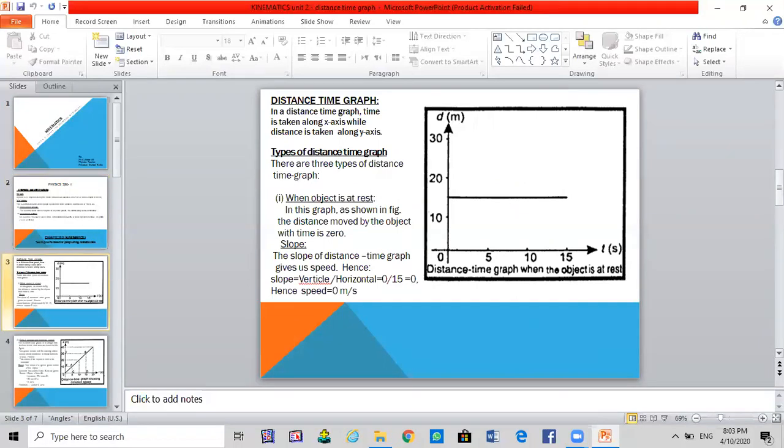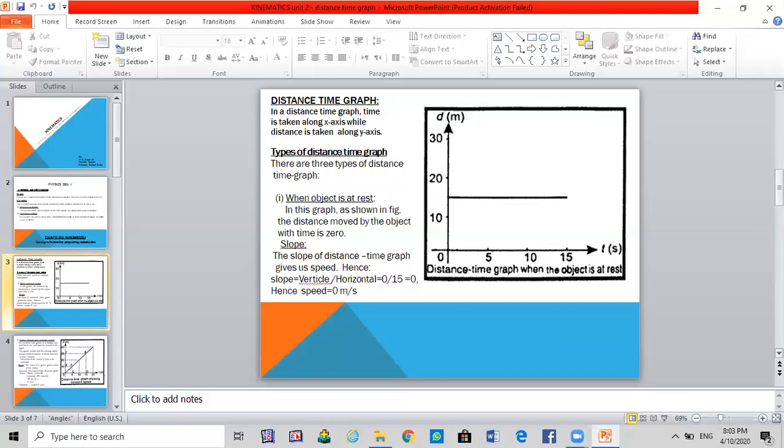Number one, the object is at rest. Can you tell me the distance at which the line is drawn horizontally? Yes, it is 15 meters, between 10 and 20.